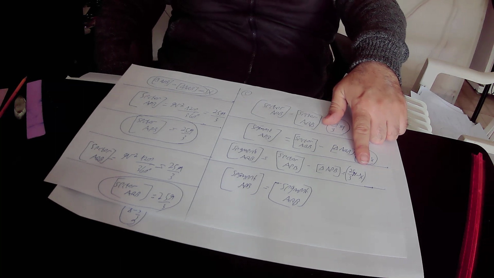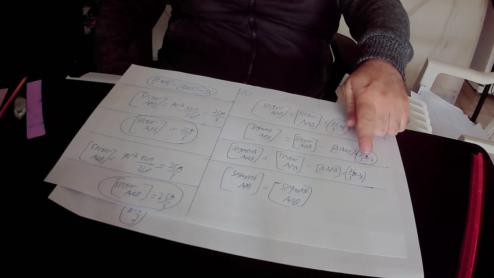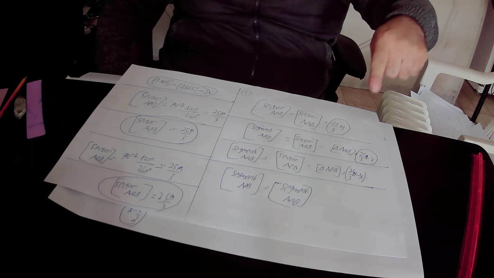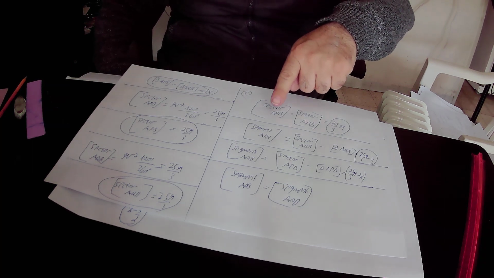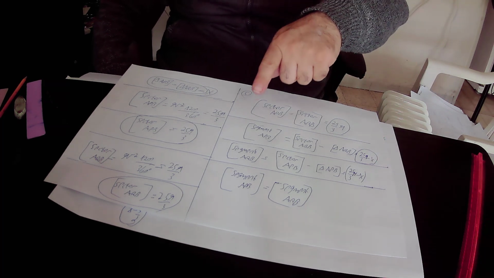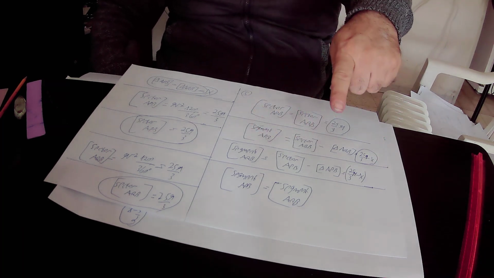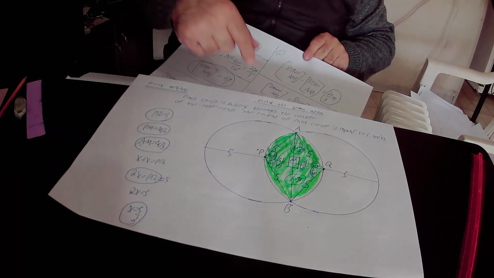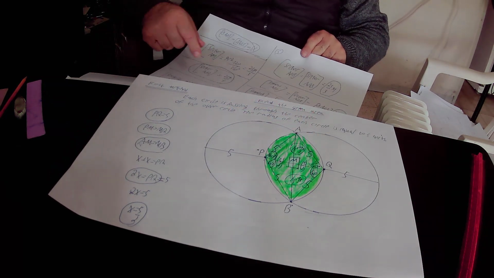So in conclusion, the area of segment AQB equals 25 pi over 3 minus x square units, exactly as the area of segment APB. So from those two equations, we derive that segment APB equals segment AQB.